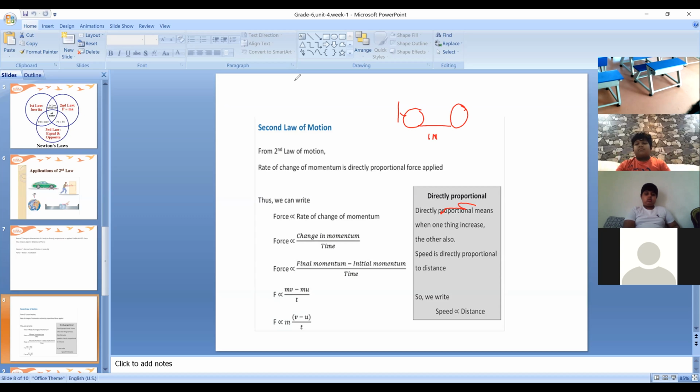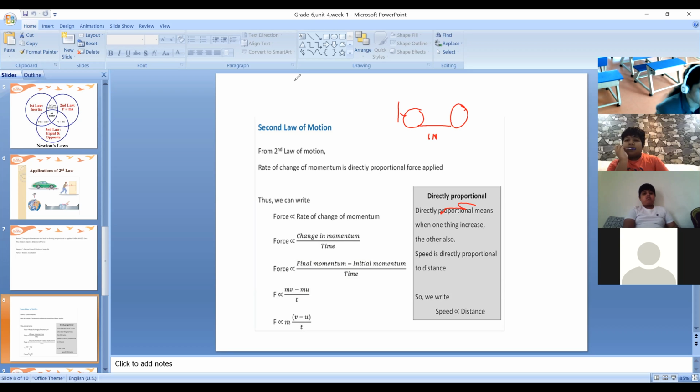Now this movement occurs in a particular time, like 2 minutes or 5 minutes. You keep putting in force, you try a lot, and it takes 5 minutes. So the force you are applying depends on the change in momentum by time, that is, the time taken.